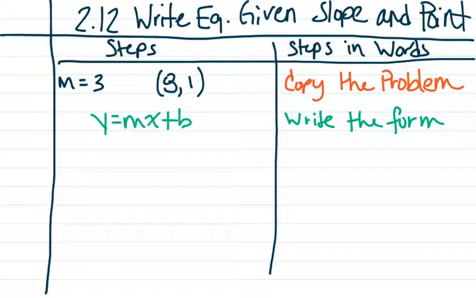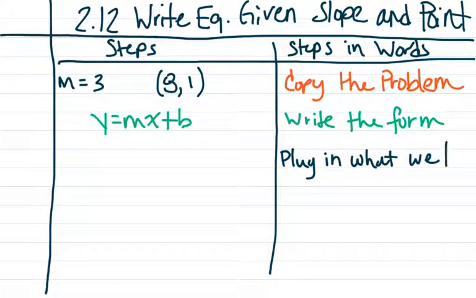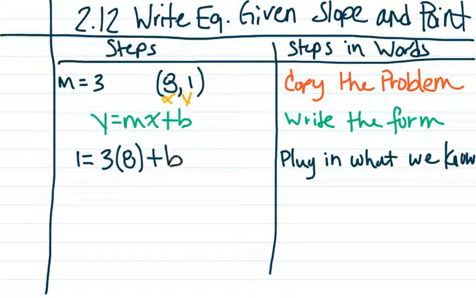And then we are going to plug in what we know. So here's our m, this is our x, and this is our y. So in this case we have our y is 1 equals 3 is our m times 8 plus b.